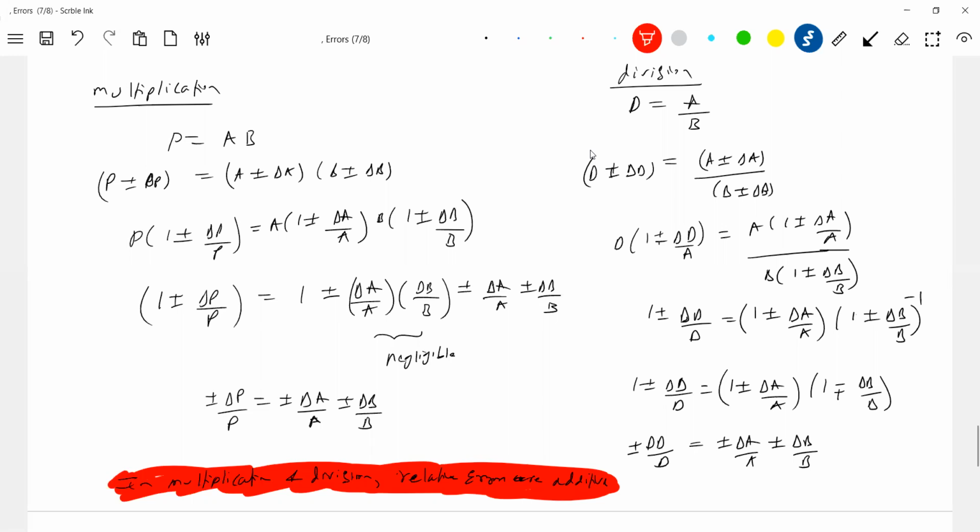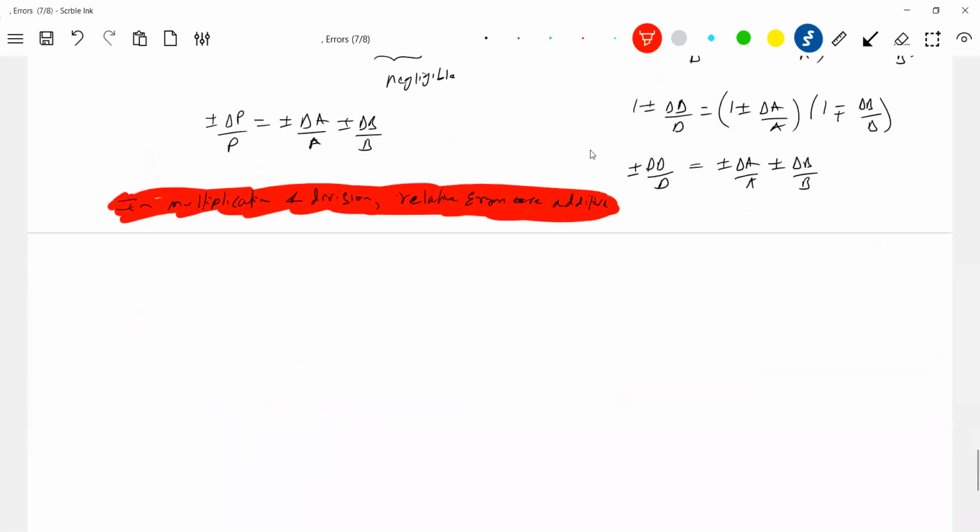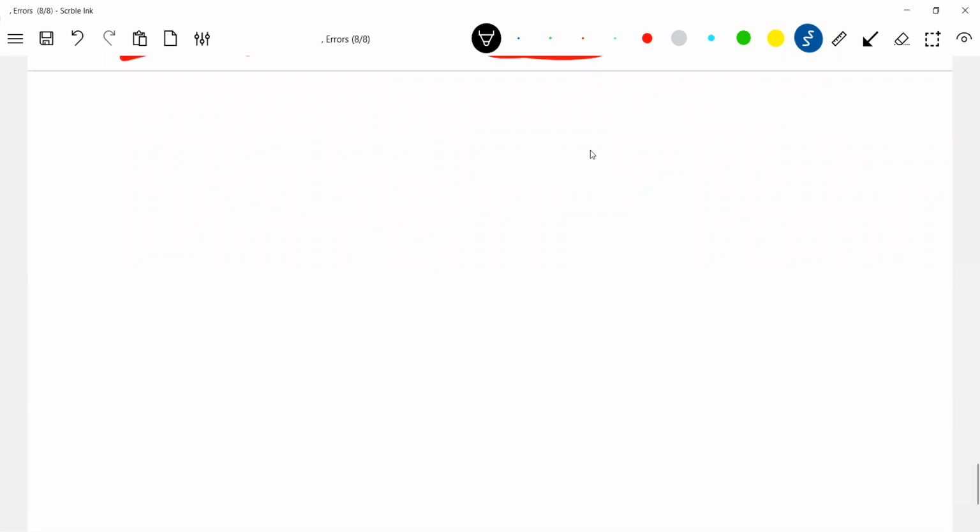Okay, now if there are quantities raised to a power, R is equal to A to the power of m, B to the power of n. There's a result.